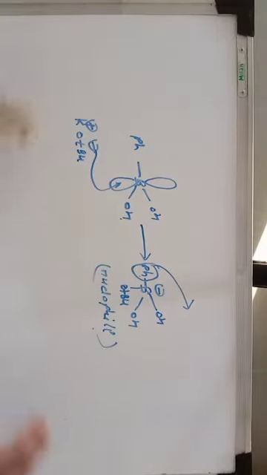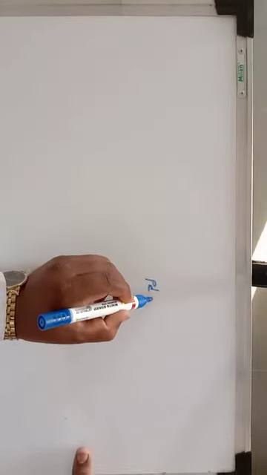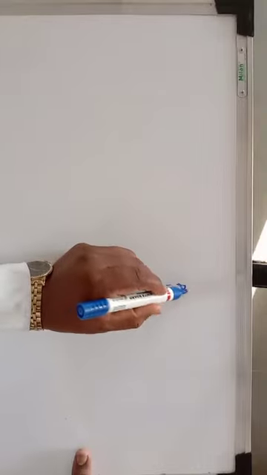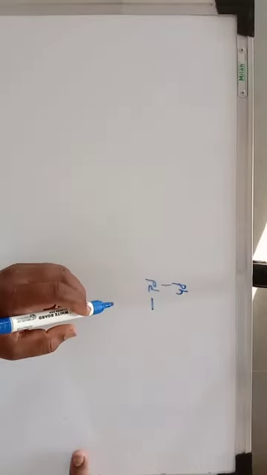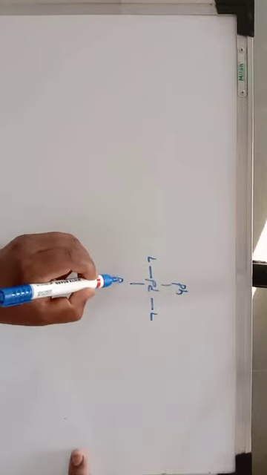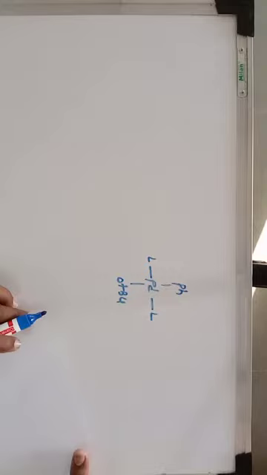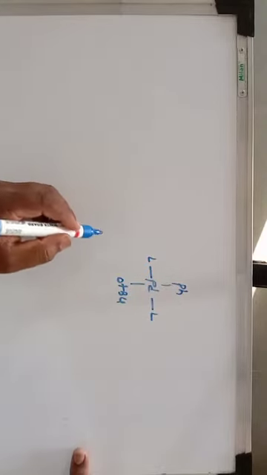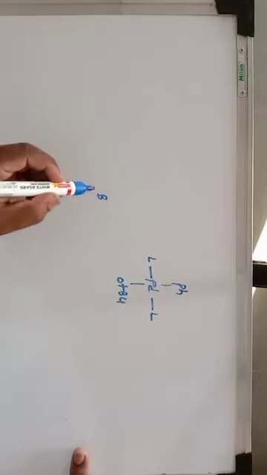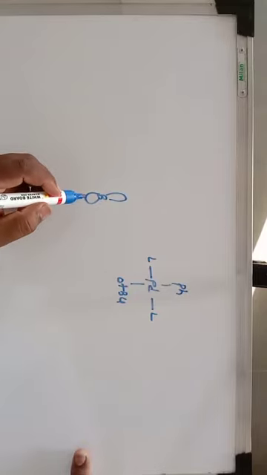So let us discuss. Up to this point we have Pd, this is your Ph, this is your Ph, then there is L, and here the tertiary butoxide. We know that this is your boron, it has a vacant orbital.